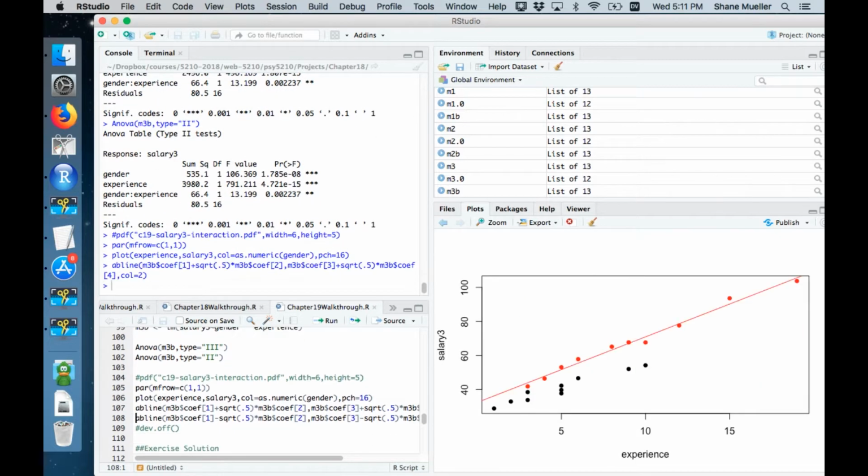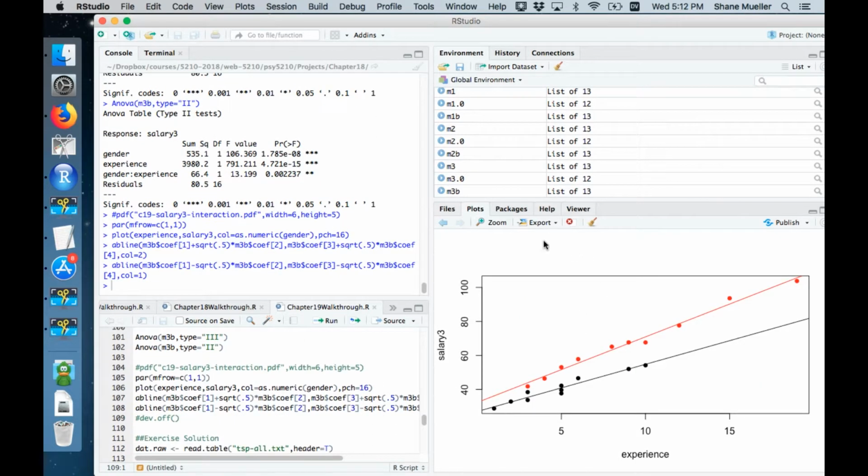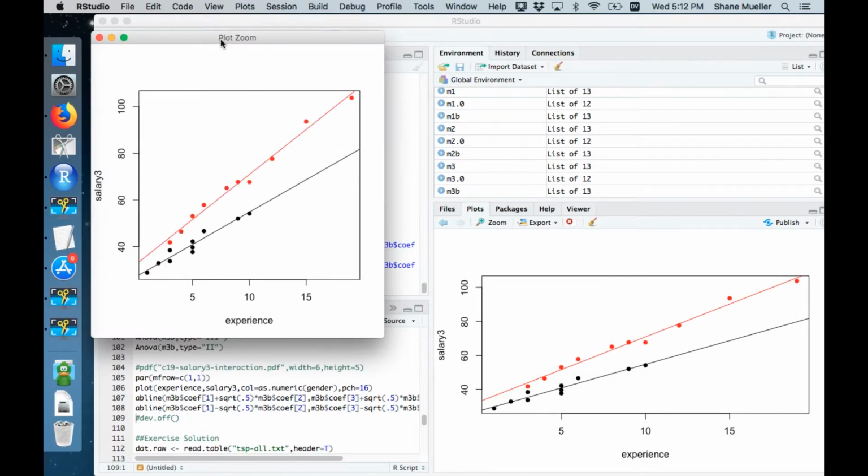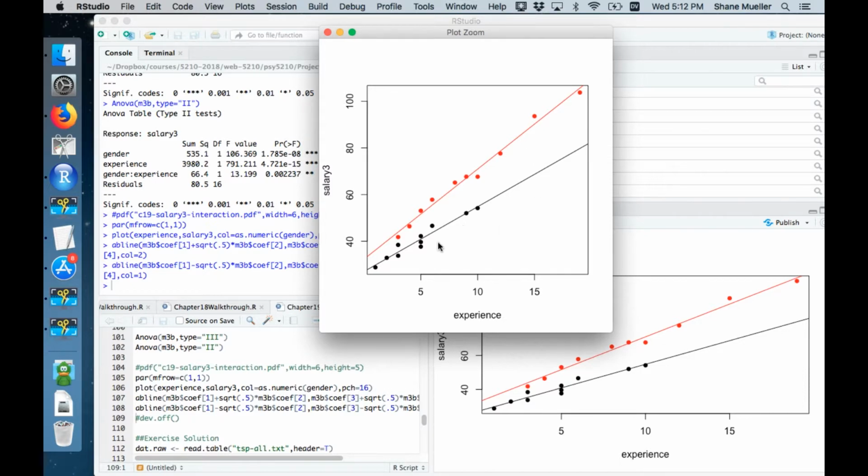To show what that interaction is, I'm just going to plot that here, and we can see that if we allow these to have separate slopes, then not only is experience a covariate to pay, but there's an experience by gender interaction.